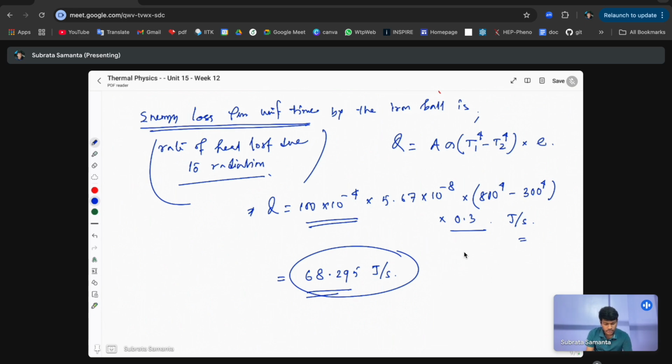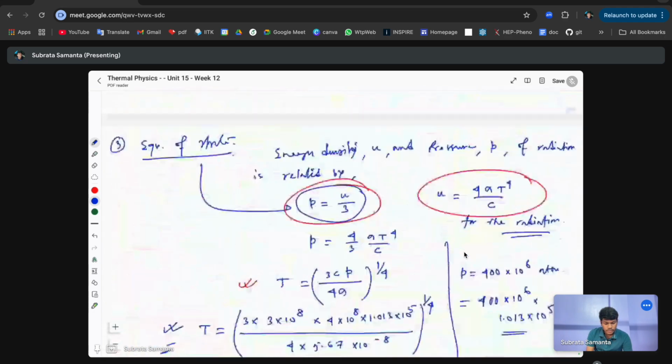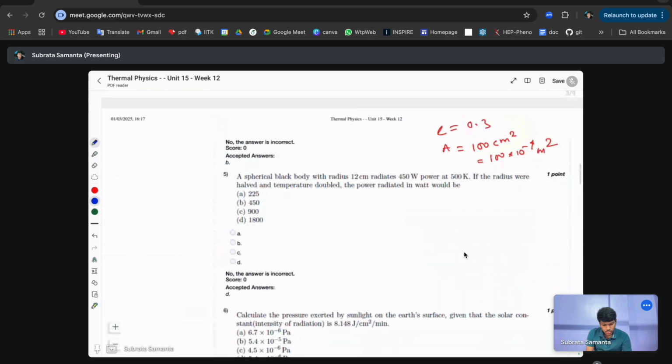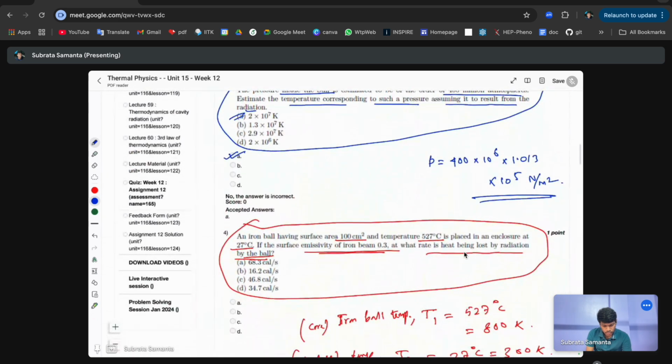Let's first check the options. 68.295. The answer is given in calorie per second, but you just computed in joule per second. There is an option very close to 68.3, but it is not correct because the unit is calorie per second.